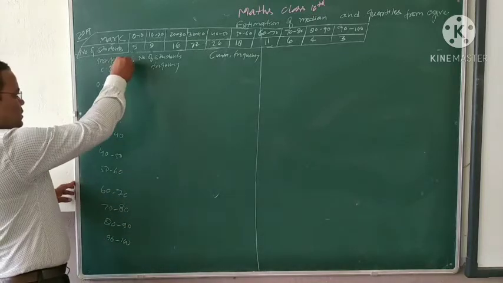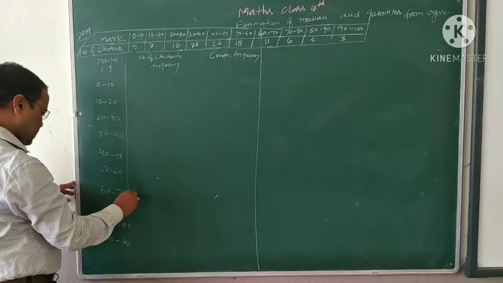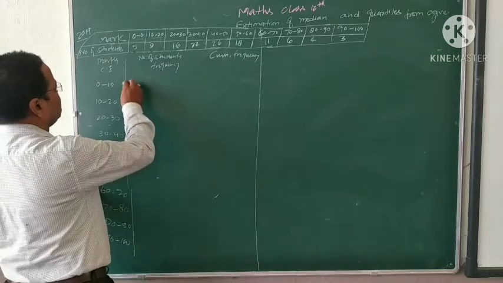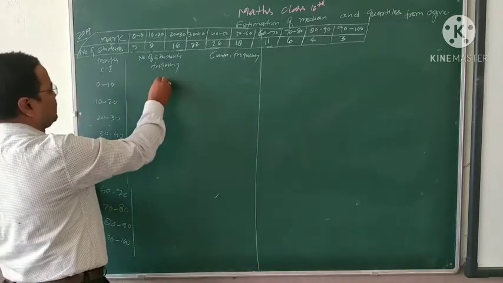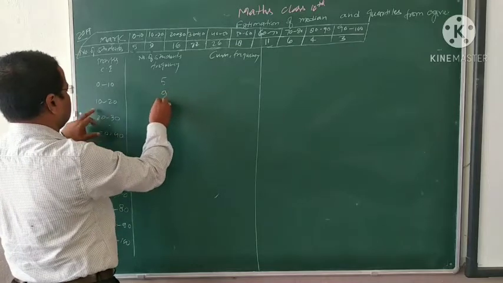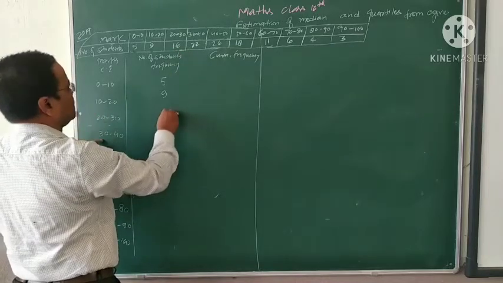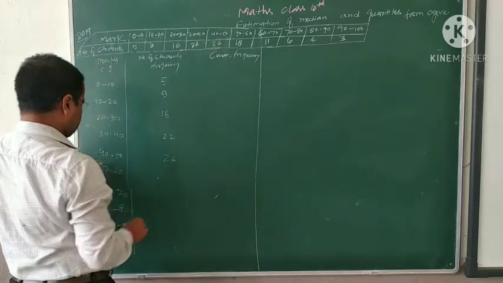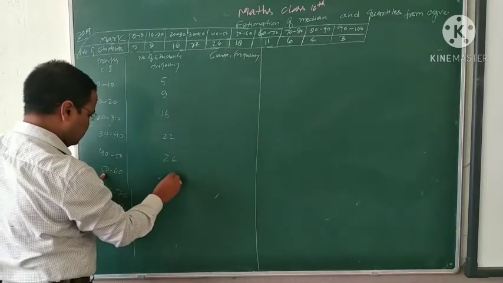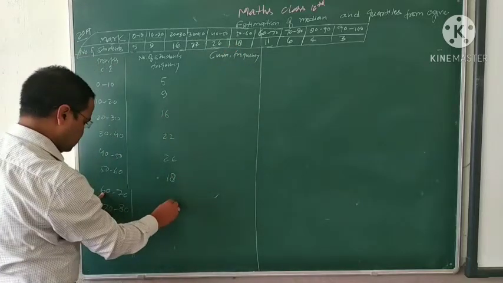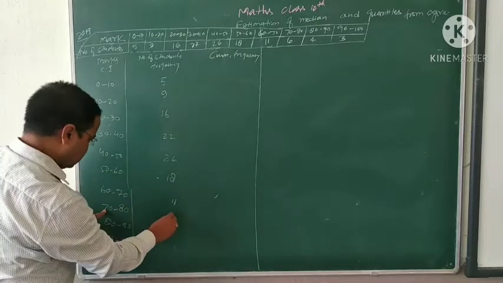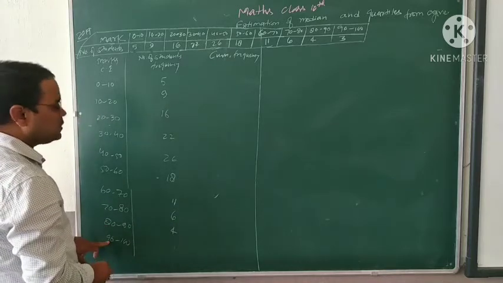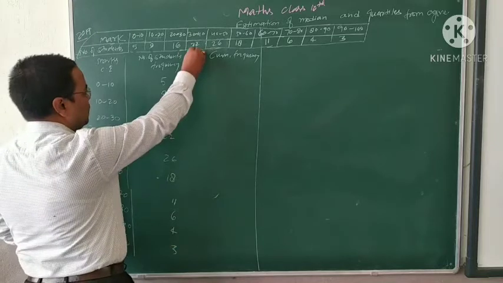The students scoring 0 to 10 are 5, then 9, then 16, 30 to 40 is 22, 40 to 50 is 26, 50 to 60 is 18, 60 to 70 is 11, 70 to 80 is 6, 80 to 90 is 4, and 90 to 100 is 3.